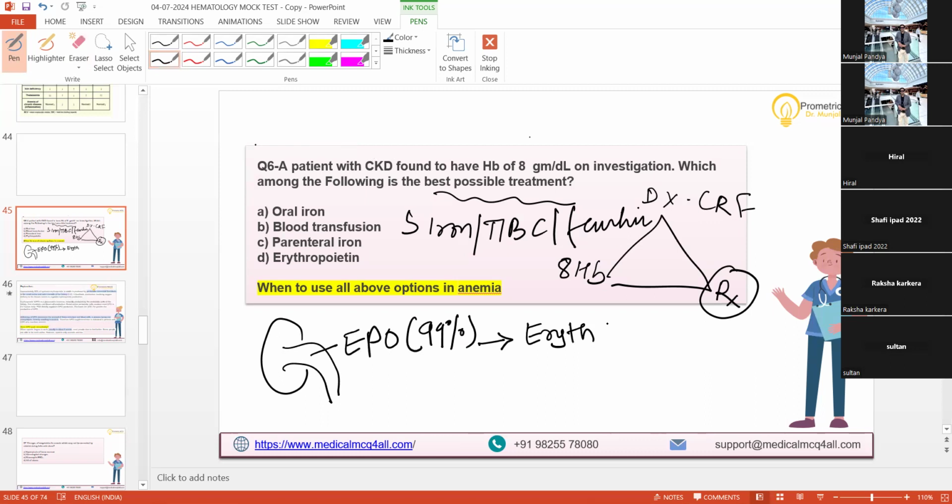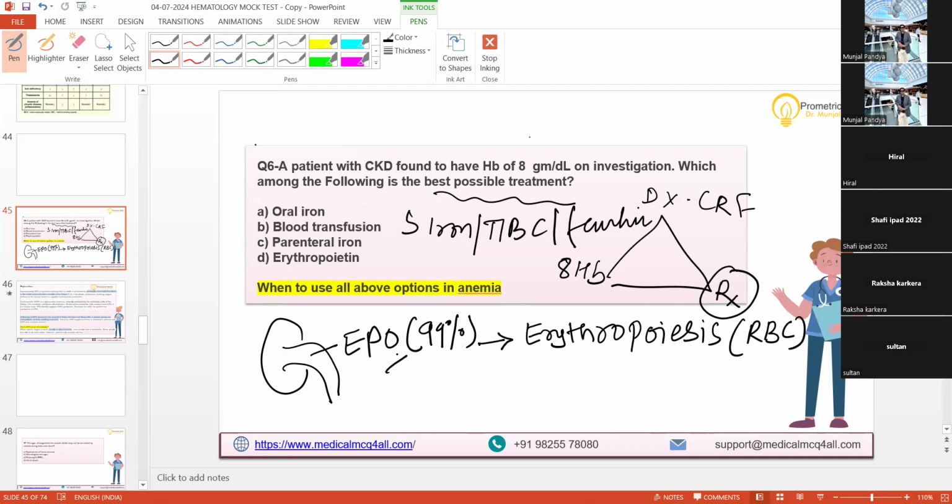Erythropoiesis means formation of blood, of new RBC, red blood cells.